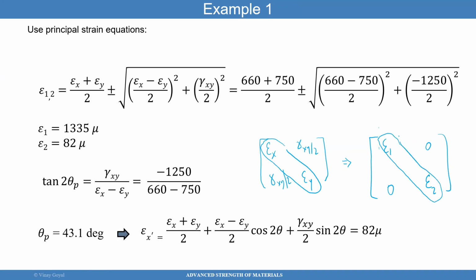So 667 plus 750 will give me the same thing as when I add these two numbers, 1335 plus 82. So that's something to keep in mind. If you know these two numbers and you calculate one of the eigenvalues, just subtract to get the 82, right? Because the summation of the diagonals has to be equal because of the invariant properties that these materials have.